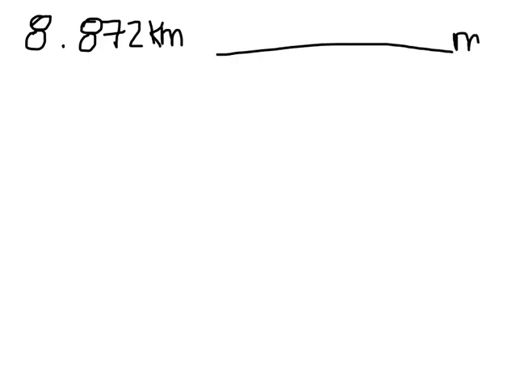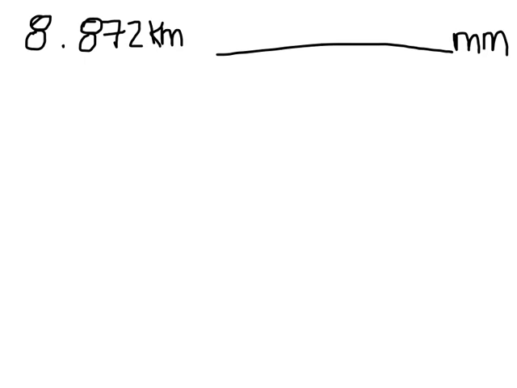How about one more before we finish? Let's do number... Well, none of these are that exciting. Let's do number 8. 8 says we have 872 kilometers. How many millimeters is that?